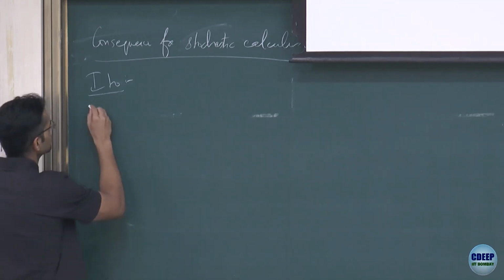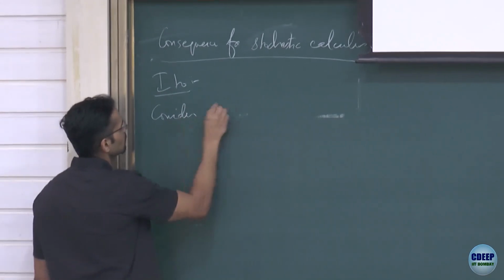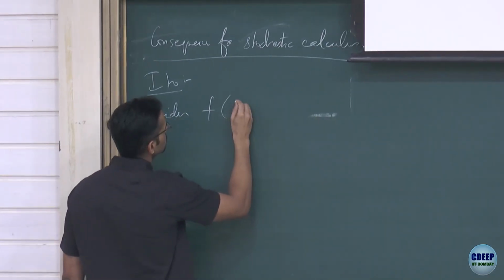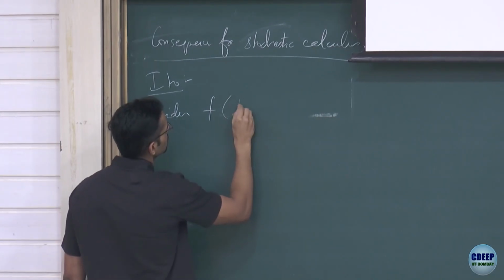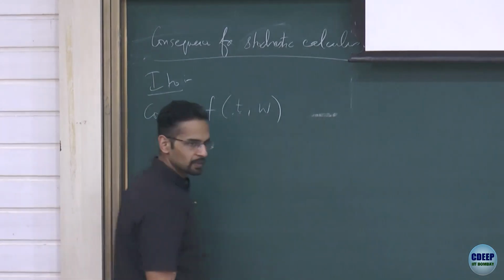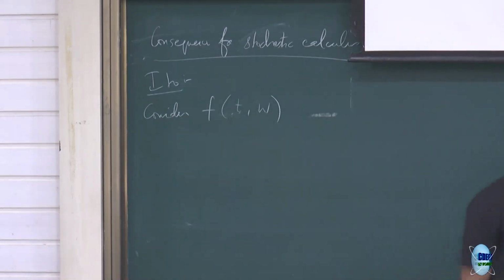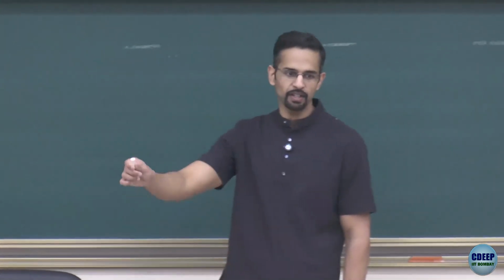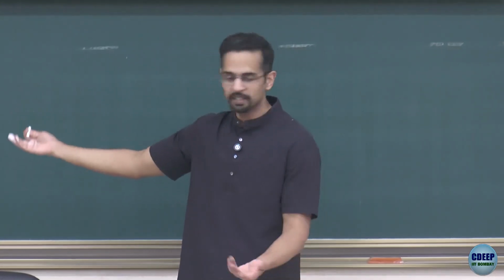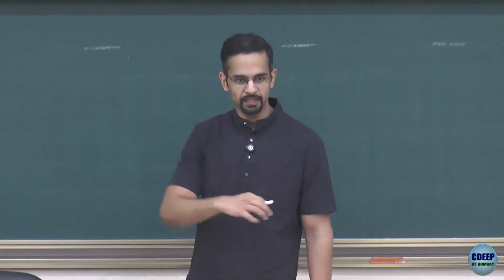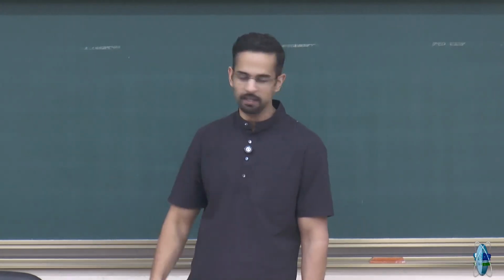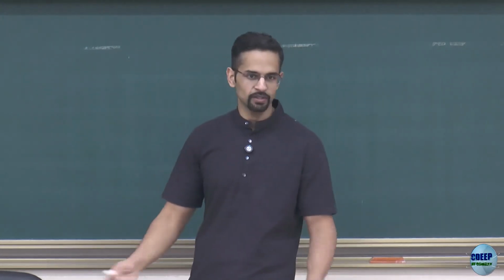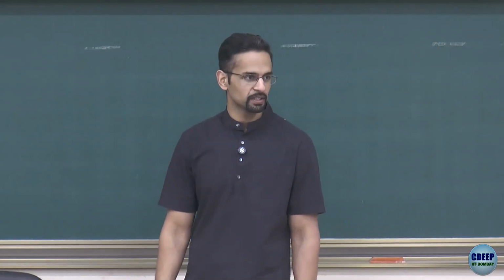Let's say I have a function. I have specified some function of time and of the Wiener process. So the function f will be stochastic because of its dependence on Wiener trajectories. As I generate one Wiener trajectory, let's say this function is like sine t cos w. So w is fluctuating in time. I can evaluate sine t cos of the Wiener process, and I'll get some other fluctuating trajectory.